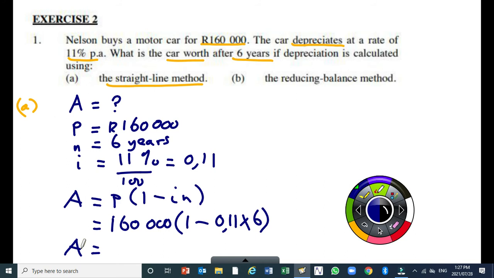No, it's simple interest, it's straight line depreciation. Sorry, it's 54,400. Any cents? No, just do the whole number. There are no cents.